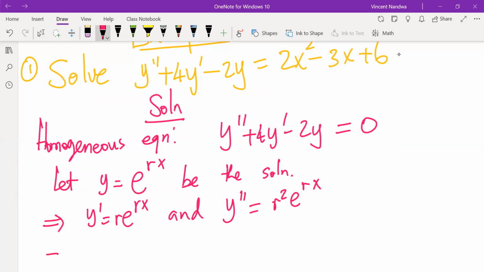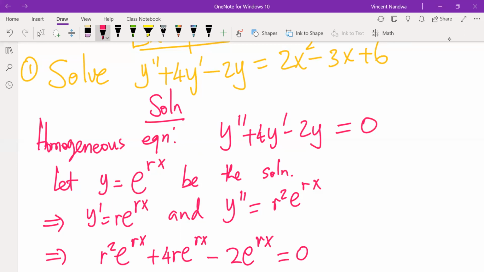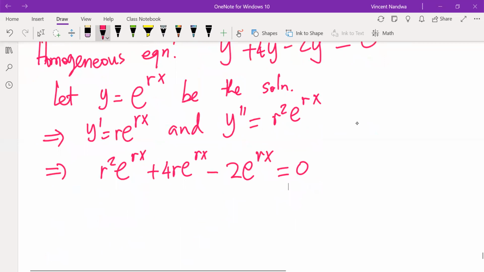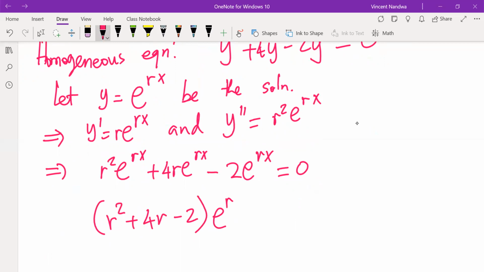So we'll have r squared e raised power rx plus 4r e raised power rx minus 2 e raised power rx equals 0. Now, this will give us r squared plus 4r minus 2, we multiply by e raised power rx equals 0.